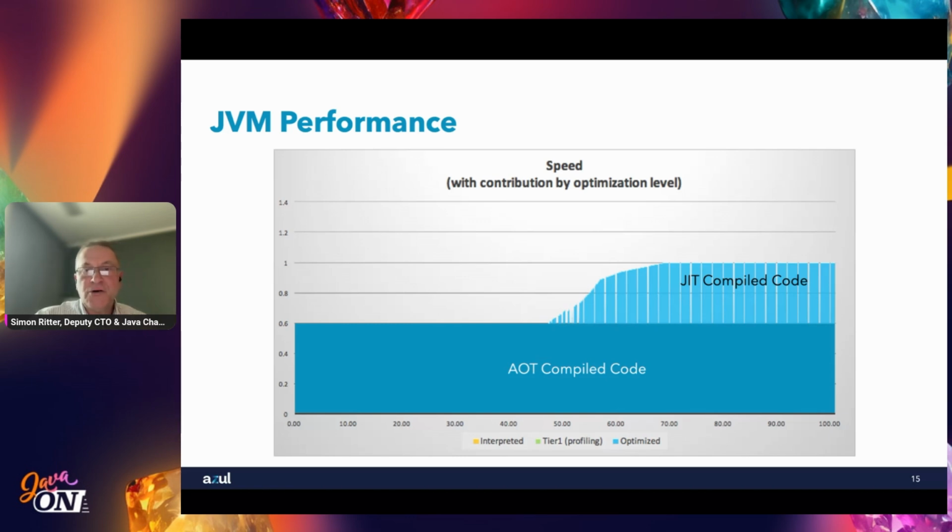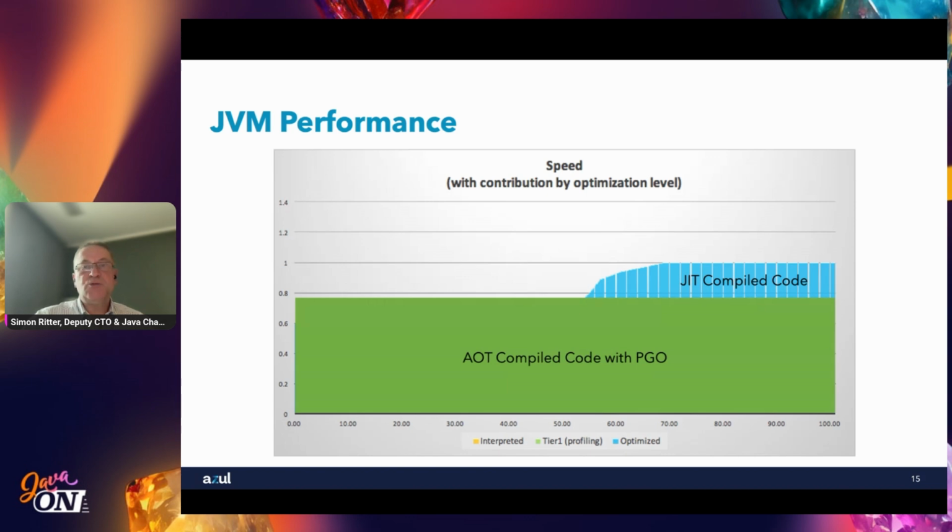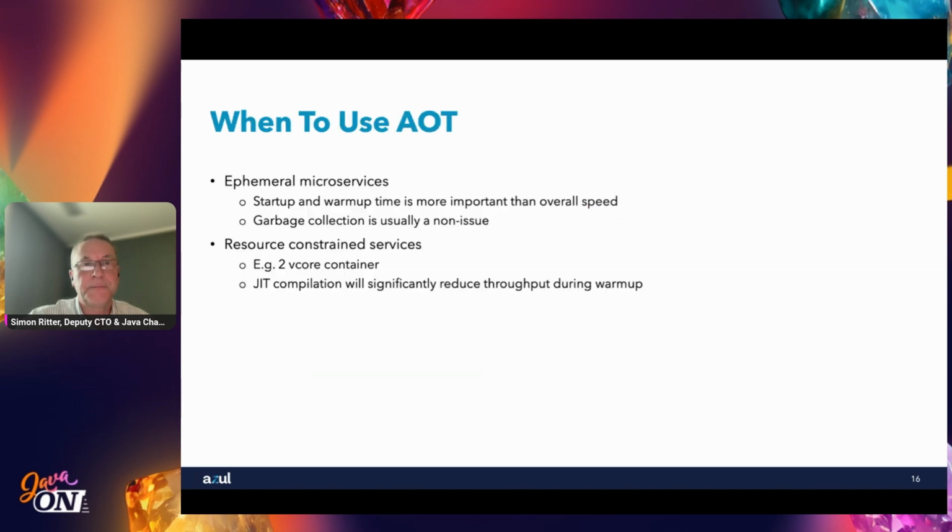Even if we use profile guided optimization, which will improve things further, because we can't compile code at runtime knowing exactly what is going on, we're never going to get to that same level of performance that we will overall with JIT compiled code. So it's interesting to see that there are different levels of performance that we get, even though we have a lot better startup and warm-up.